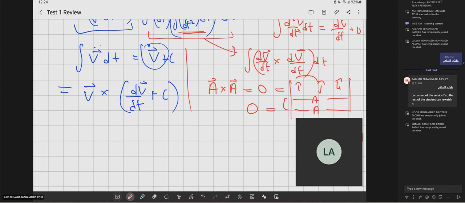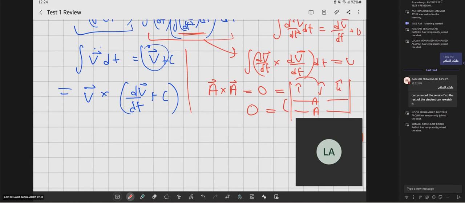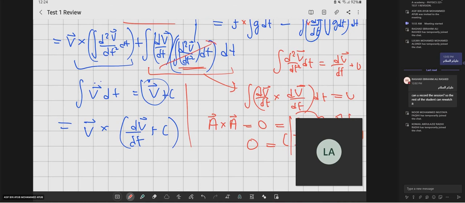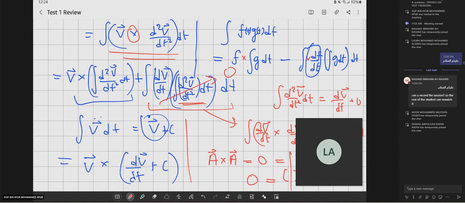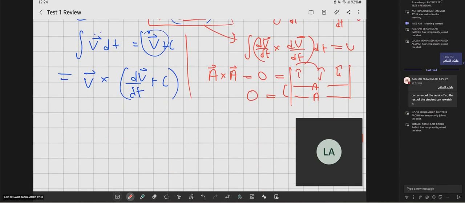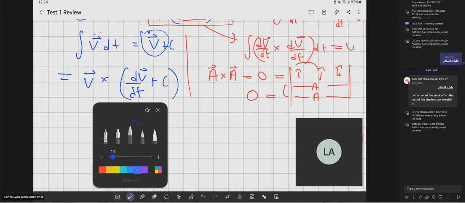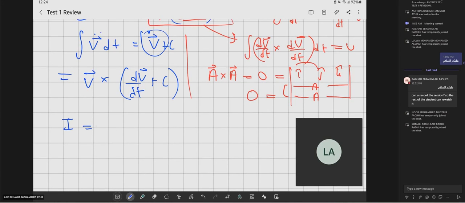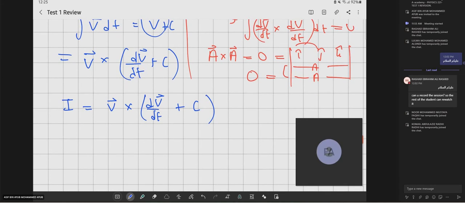So using this, we can say that this whole thing goes to 0. So at the end, the result of the integration is v cross dv/dt plus some constant. We can take the constant to be 0, but let's keep it as it is.